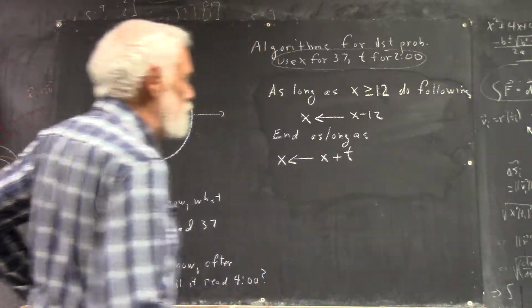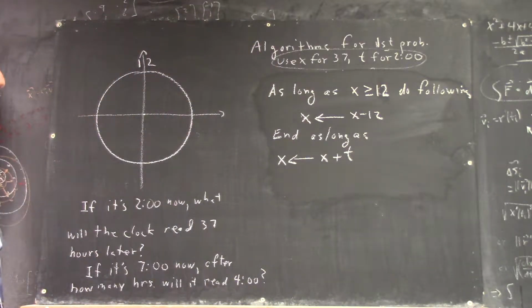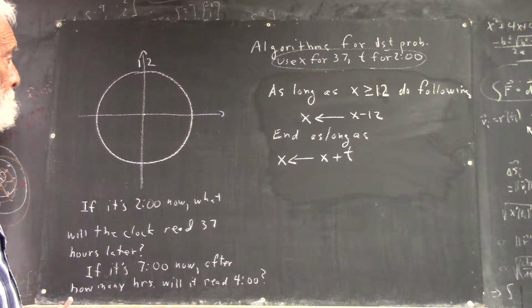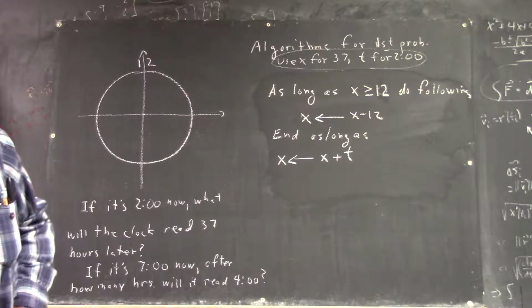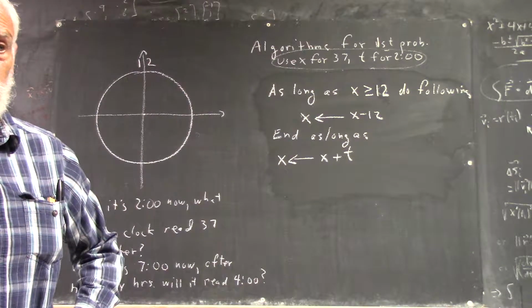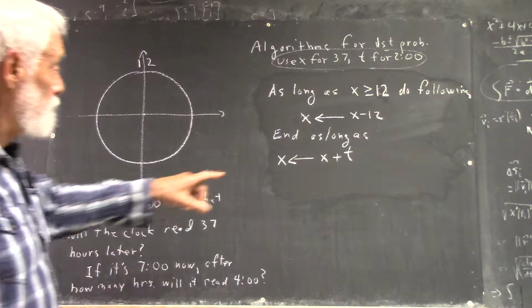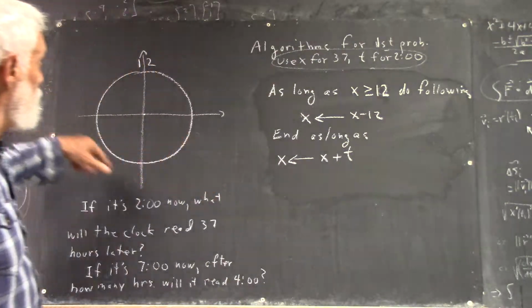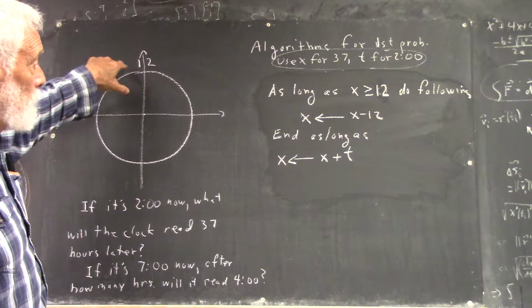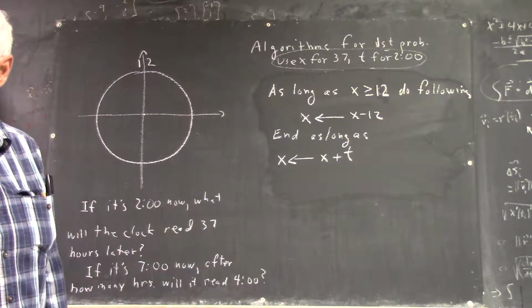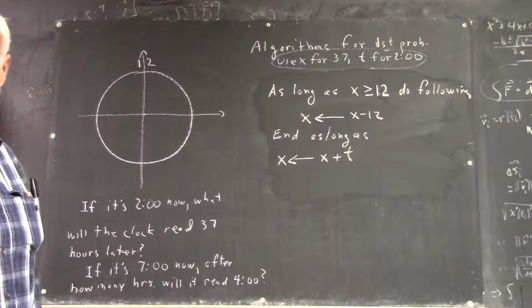There's a problem with this because it doesn't always necessarily work, or does it? Maybe it always works. Is there any possible way that x here could end up either greater than 12 or less than 1? Because it's got to be between 1 and 12, right?